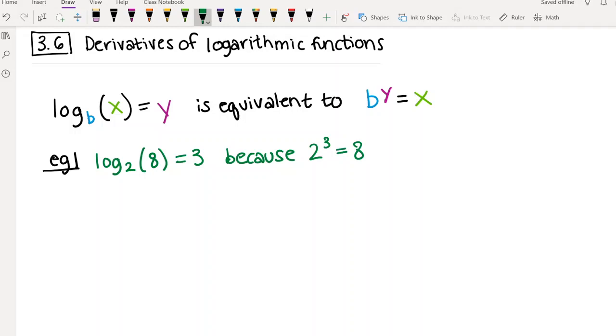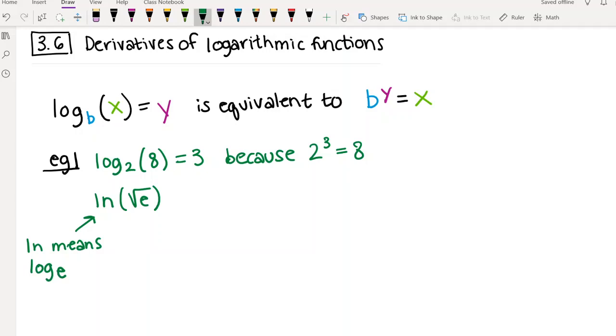Or to do another slightly trickier example, let me write down the question first. We're going to do ln of the square root of e. But what does ln mean? ln is an abbreviation for saying log with a base of e. And e, we talked about when we talked about e to the x, is just a number.